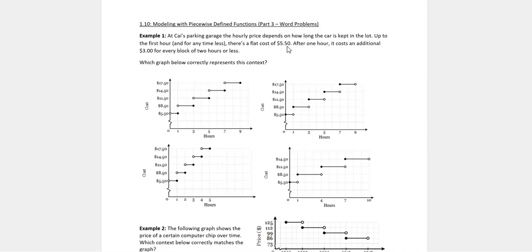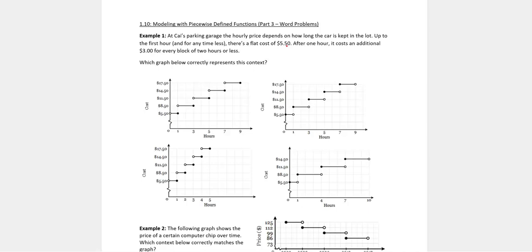So when we include the $5.50 is at an hour, not at 0 hours. Just knowing that means we should have an open circle on the left side and a closed circle on the right side of that interval.